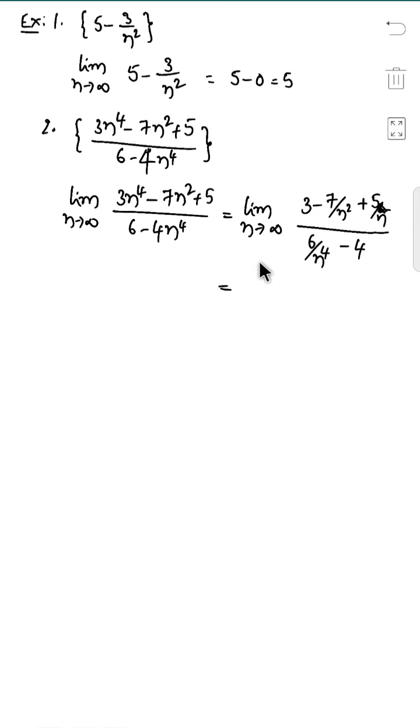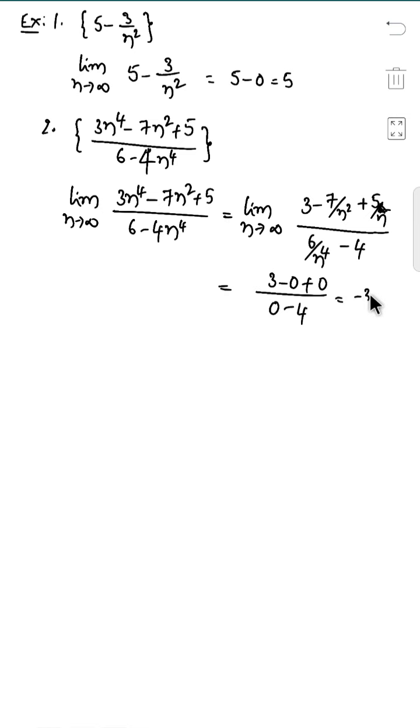Now you directly substitute for n. In the numerator, 7 by infinity and 5 by infinity, both of these terms are going to be 0. In the denominator, 6 by infinity is also going to be 0. So what remains is 3 minus 0 plus 0, and in the denominator 0 minus 4.